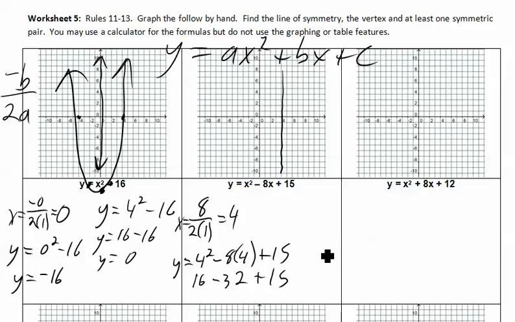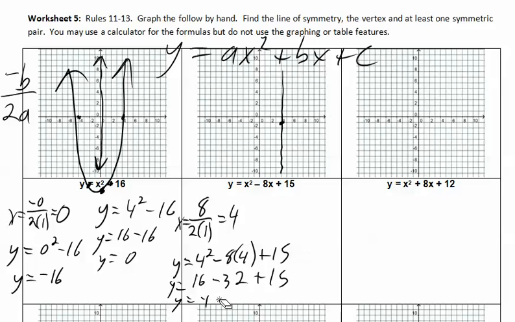And if we put that in our calculator, we get -1. So y equals -1. So right here is going to be our vertex at (4, -1). Okay, so now we need to find at least one symmetric pair on each side to be able to do this.